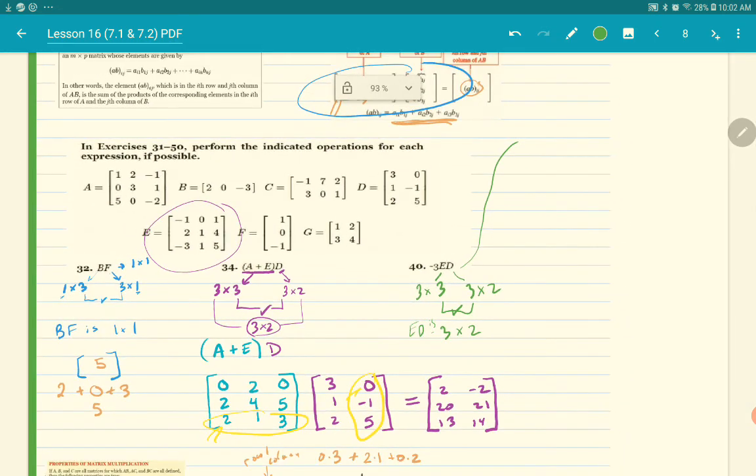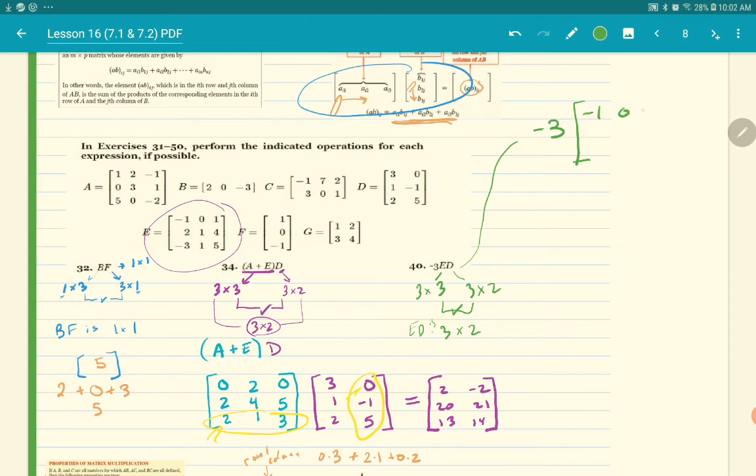So I have a -3 times E times D. I do think it's important to actually copy them down because it's so easy to make a mistake and forget which row and which column you're doing. So your finger muscle memory will really help.